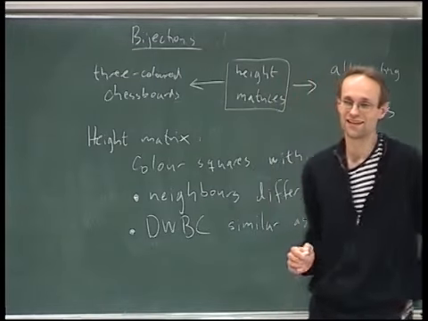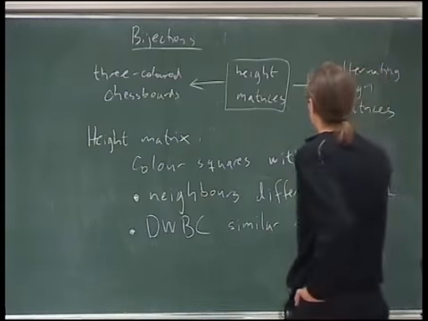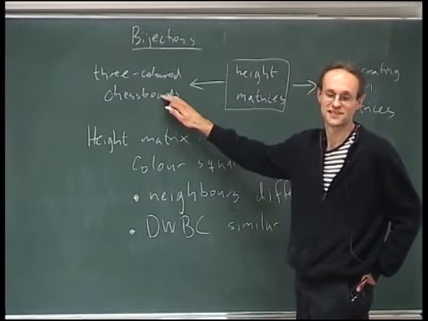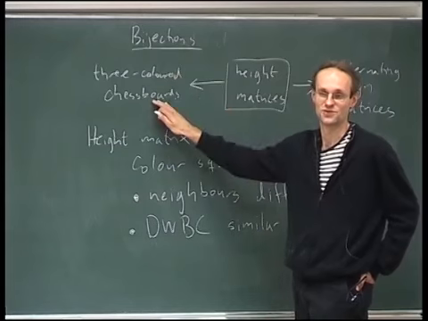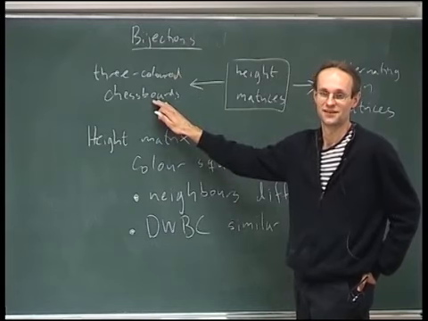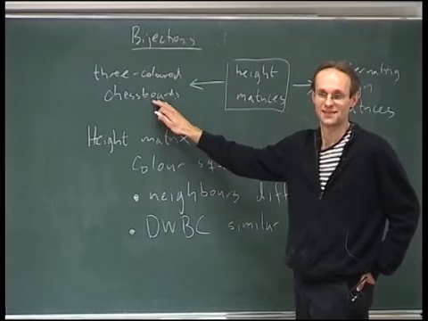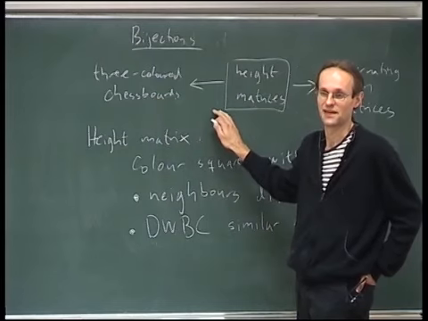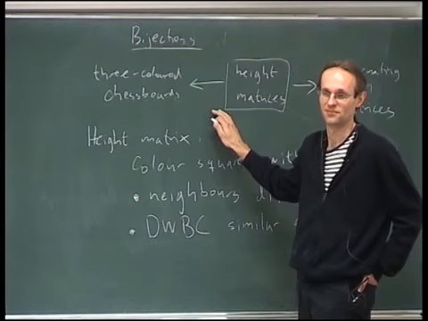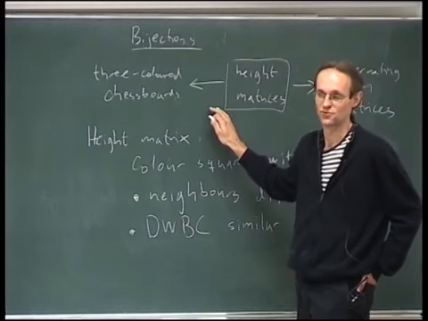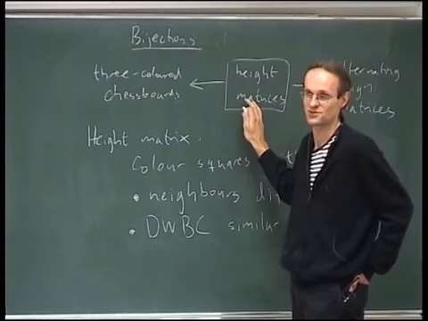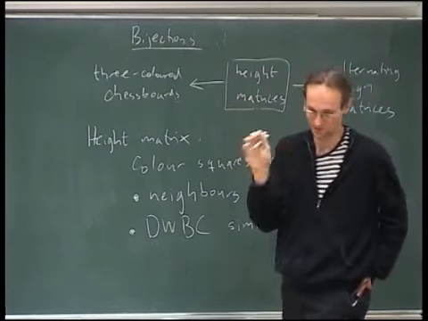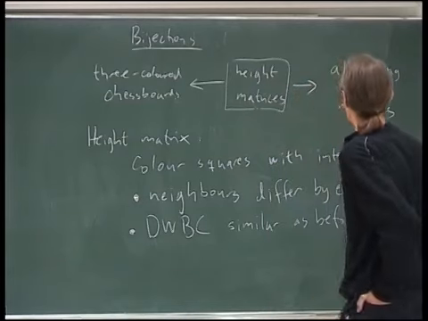And then the bijection from here to here, that's very simple. That's just reducing all the entries mod 3. So that's some observation that's been around since the 60s, that if you have a height matrix, it's uniquely determined by its reduction mod 3. So if you reduce everything mod 3, you don't lose any information.